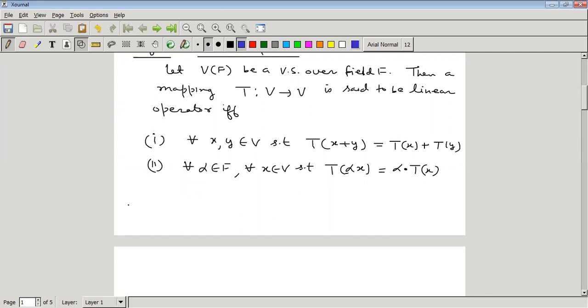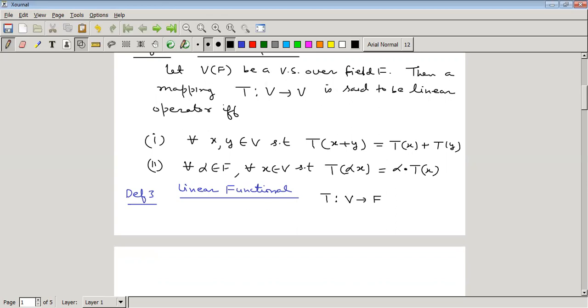Now definition number 3 is linear functional. The only difference in linear functional is that the mapping T is defined from a vector space to a field, and all other properties remain the same.